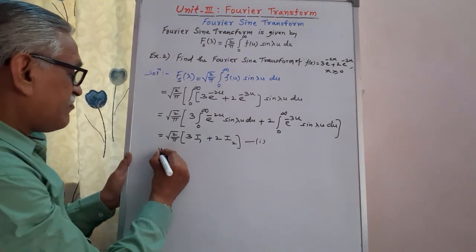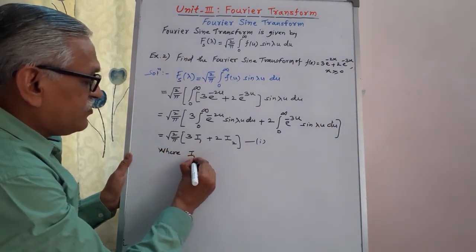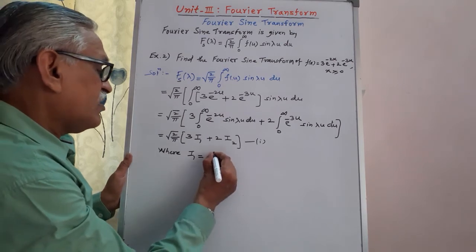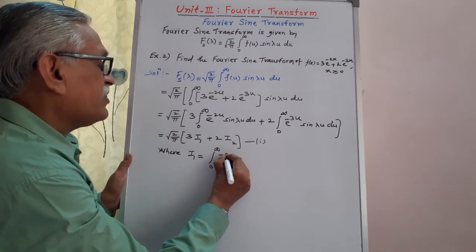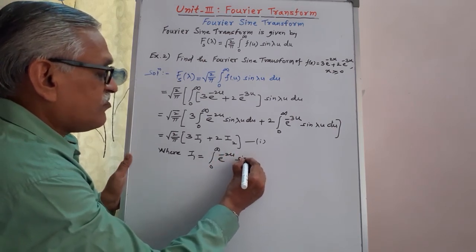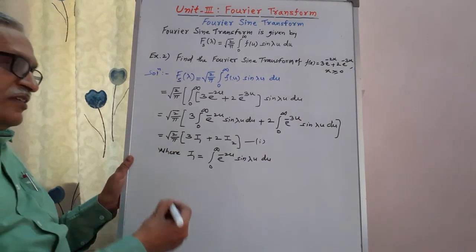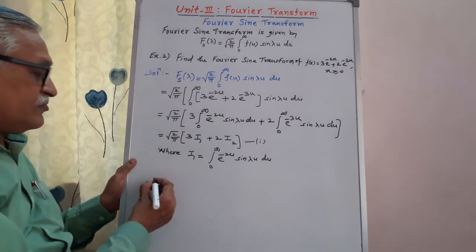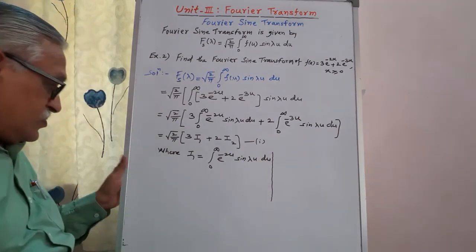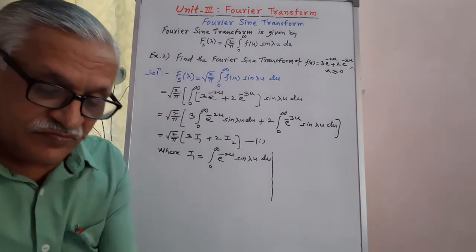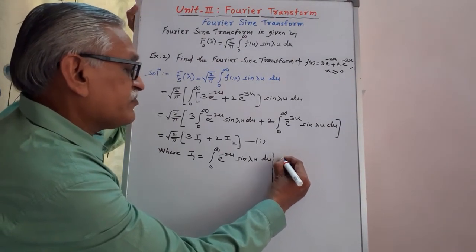Where I1 is equal to integral from 0 to infinity e raised to minus 2u sine lambda u du. Again using the standard result, the same as I used in the first example.